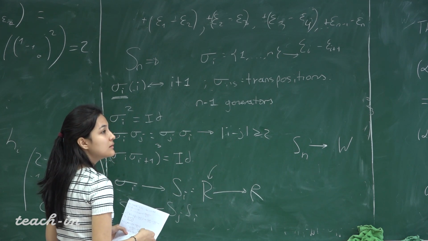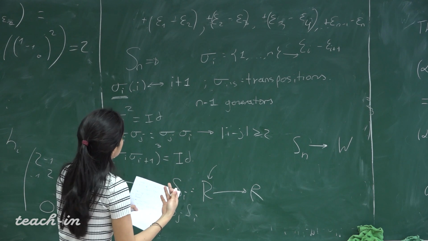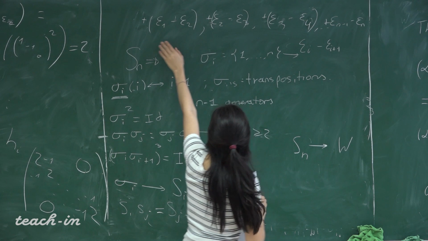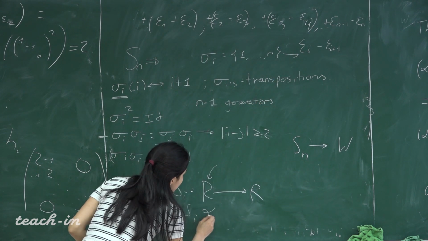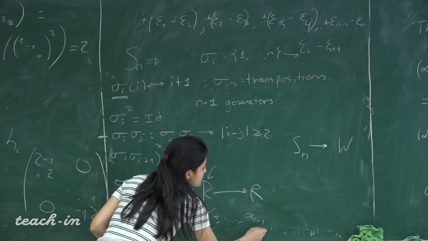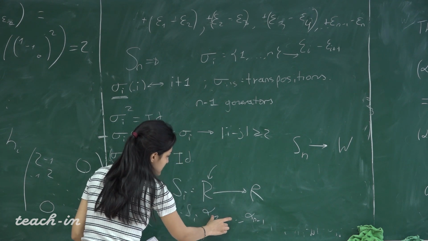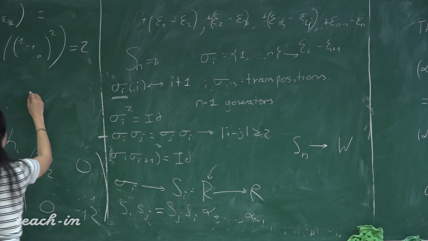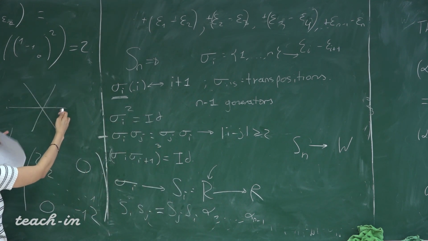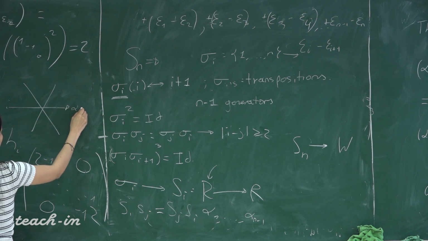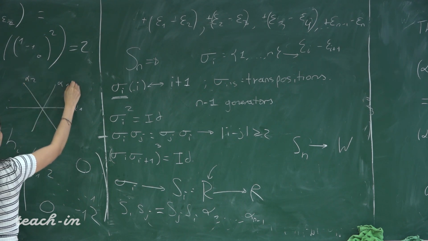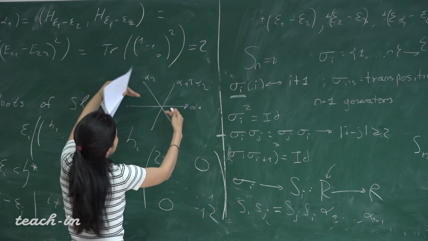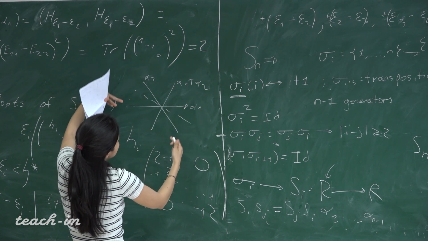You need a set of n elements that it will permute. I was trying to set alpha 1, ..., alpha n minus 1, and then maybe consider the sum of alpha 1 and alpha 2. In analogy with SL, we have alpha 1, alpha 2, and alpha 1 plus alpha 2. And then when we compute reflections, we can think that we are permuting n elements.